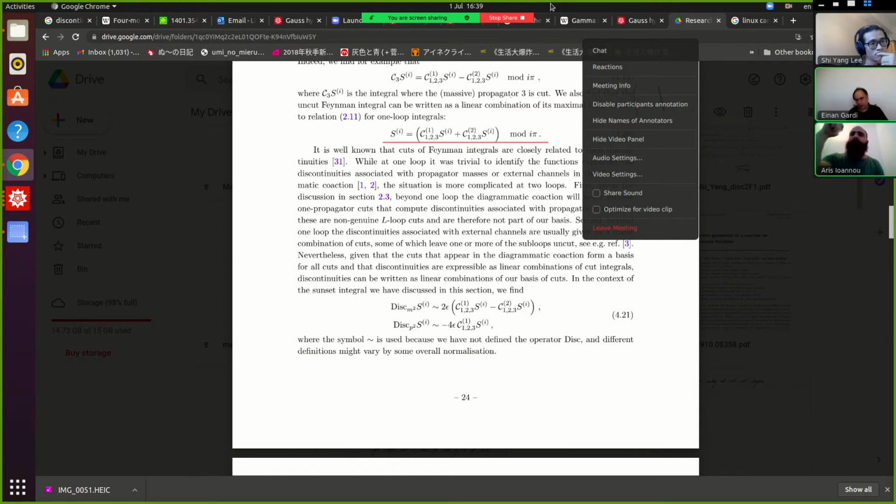It's always between something minus I epsilon, something plus I epsilon. Yeah, so M squared minus I epsilon versus M squared plus I epsilon. So the real part is not playing a role. I mean, it's always the same real part.